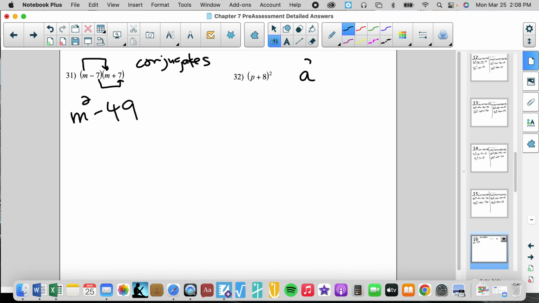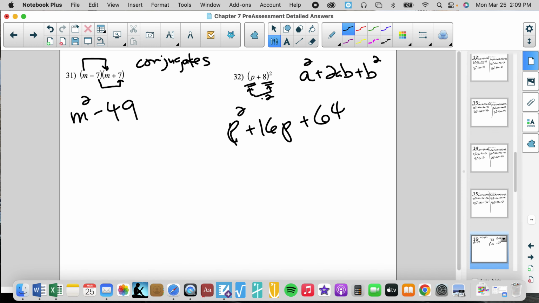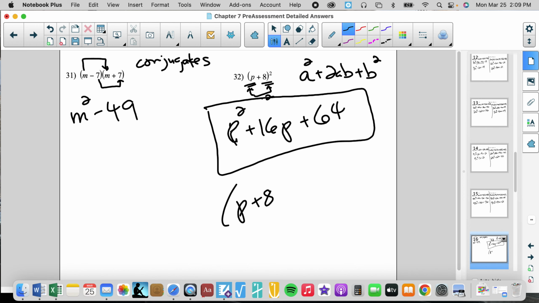A binomial square is always going to fit this template. You're going to square the first, square the last, and then multiply the first times the last. p times 8 is 8p, and then times 2, so 8p doubled is 16p. Now, can you do p plus 8 quantity squared as p plus 8 times p plus 8?